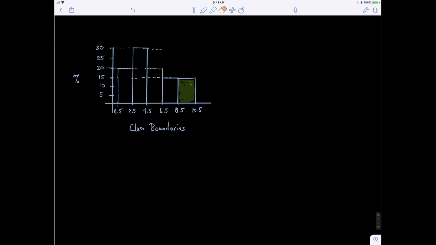First thing, I'd like to get rid of all my green. And now, if I asked you kind of a strange question, if I said, what percent of the data is represented by the shaded region?